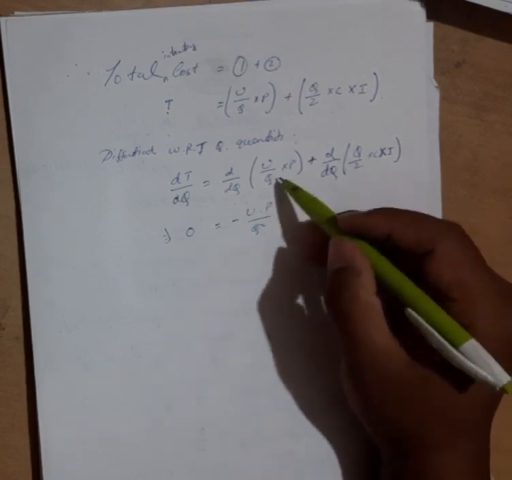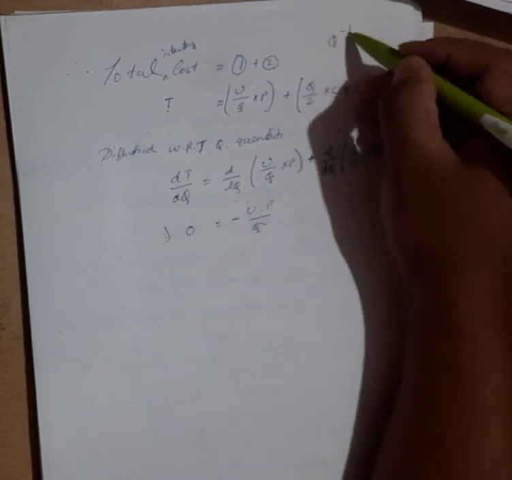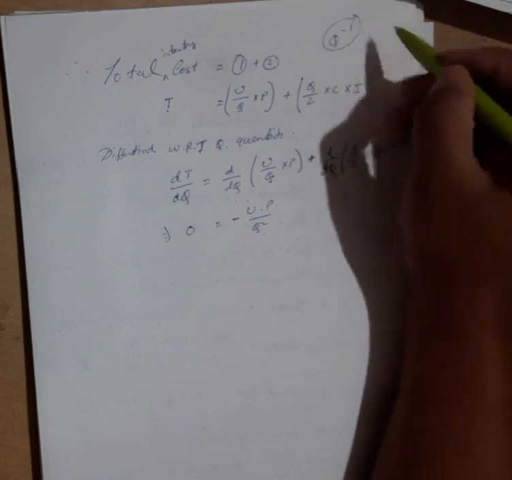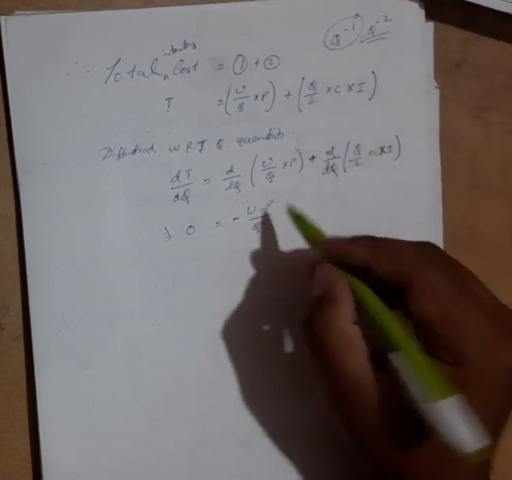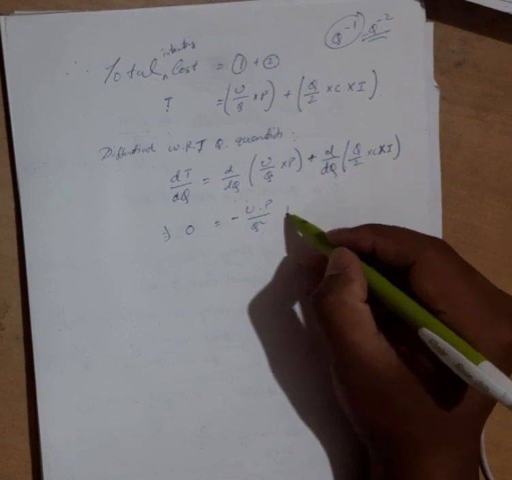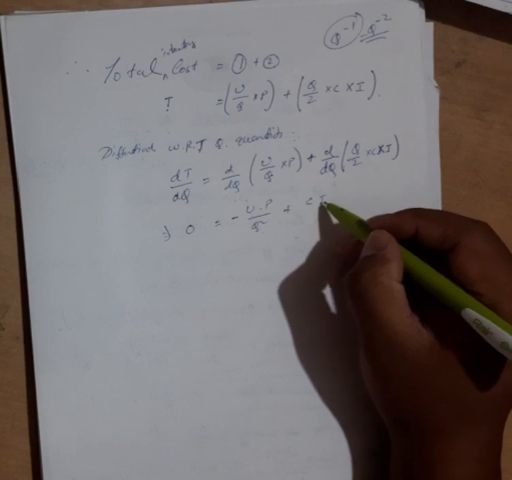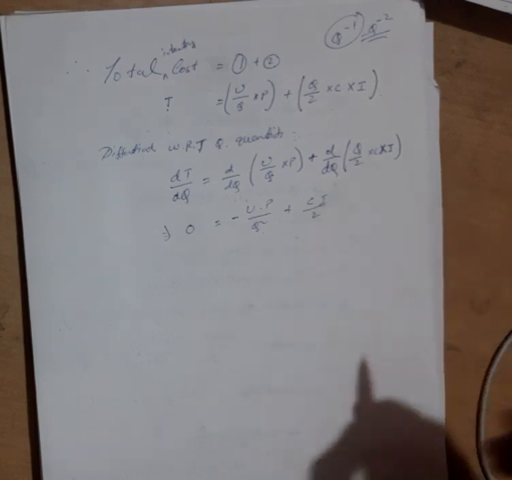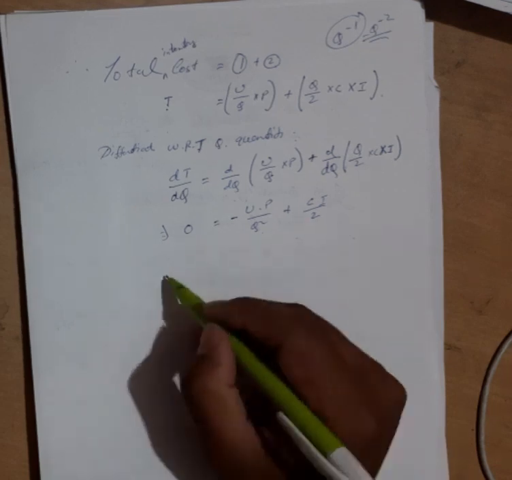I hope you have understood this, because to differentiate this, we take Q to the power minus 1, then when we differentiate we get Q to the power minus 2. Plus here it will be CI by 2. Okay, we have differentiated, we have got this expression.